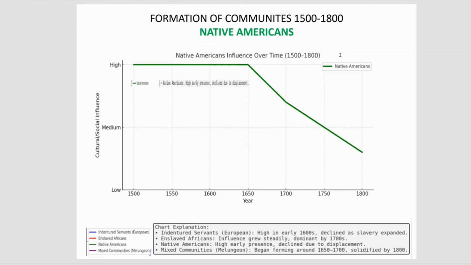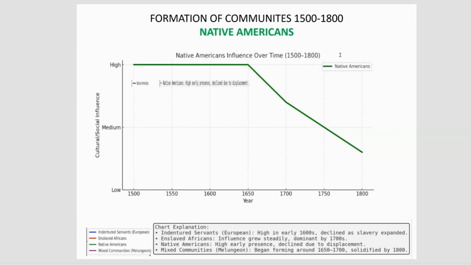So as early as 1500, as you can see, this green line is identifying that the Native Americans were high here in North America. Then from 1500 as we go towards 1650, it starts dropping off greatly. Until I started researching this information in the last couple of months or so, I had only heard that Europeans brought diseases which eventually killed off the Native Americans that were here.